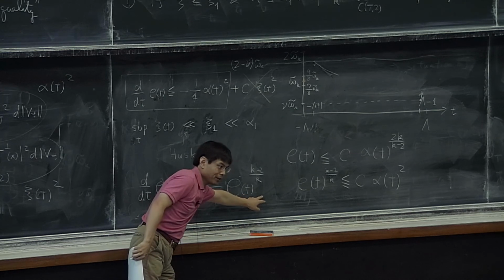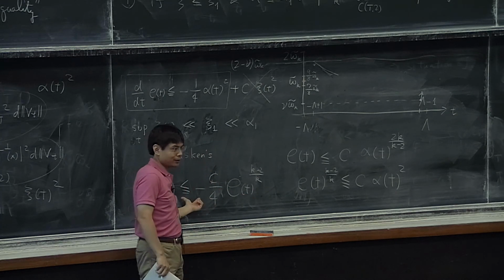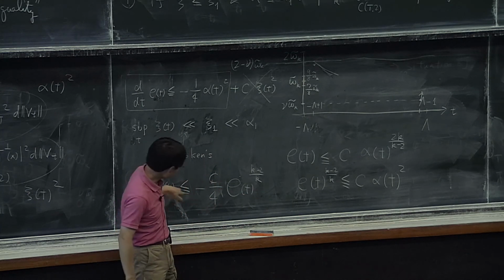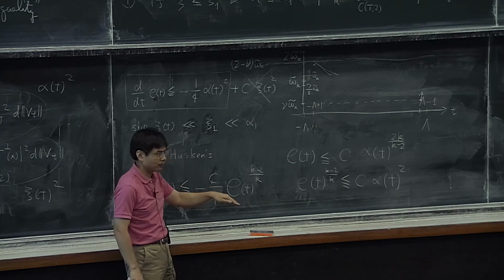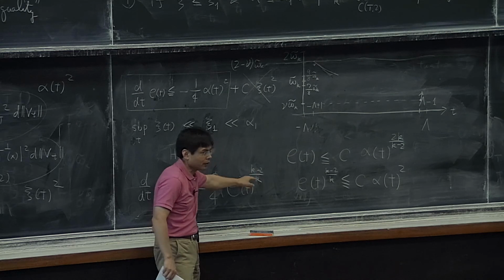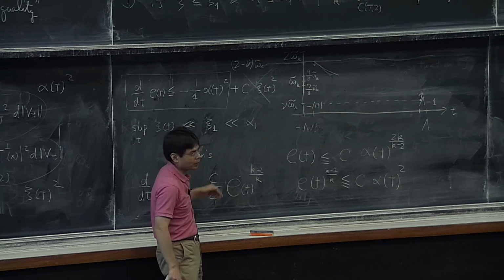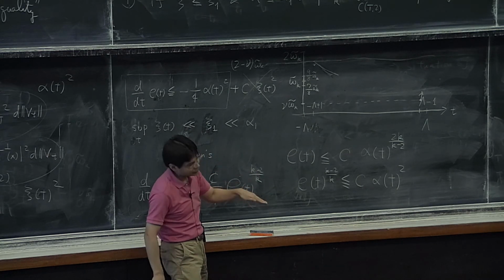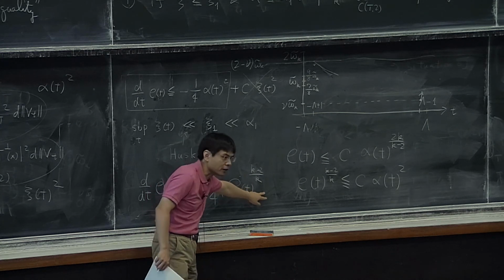But this gives you a nice differential inequality which sends e to 0 in finite time, because this exponent is less than 1. And you can estimate how long it takes to get to 0. Actually, it doesn't get to 0, perhaps, because of the error term.